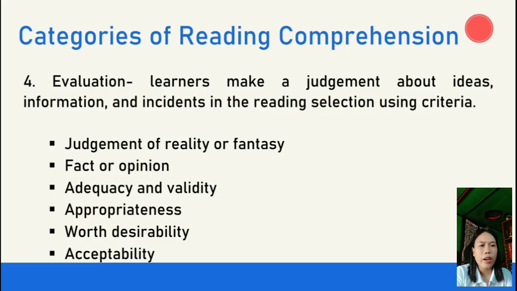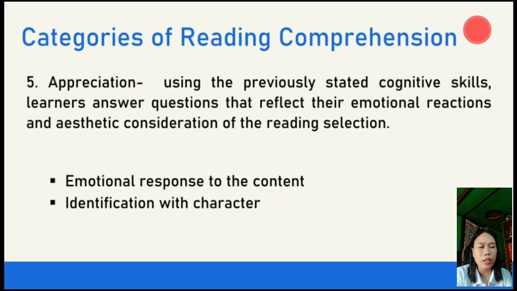And the fifth and the last one is appreciation. In here, learners, using the previously stated cognitive skills, answer questions that reflect their emotional reactions and aesthetic consideration of the reading selection. This set of skills includes the knowledge of and emotional response to literary techniques, forms, styles, and structures.